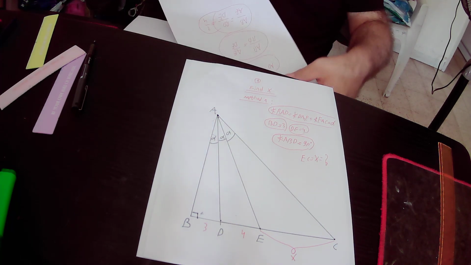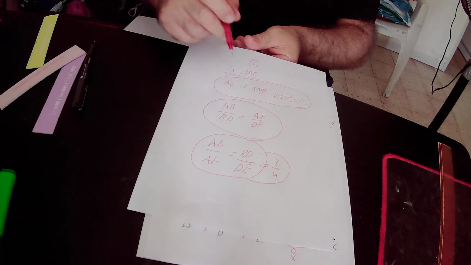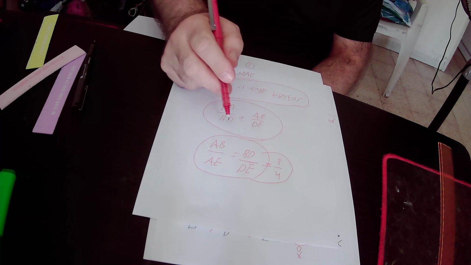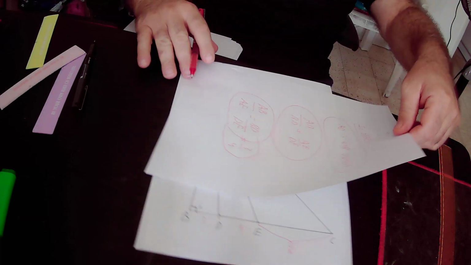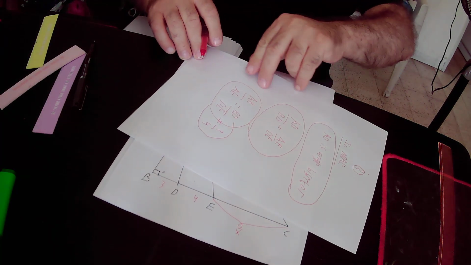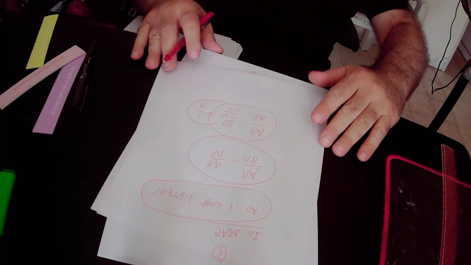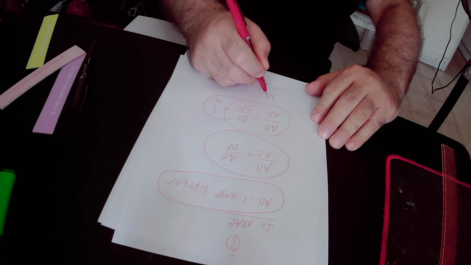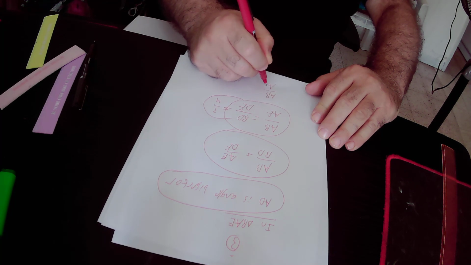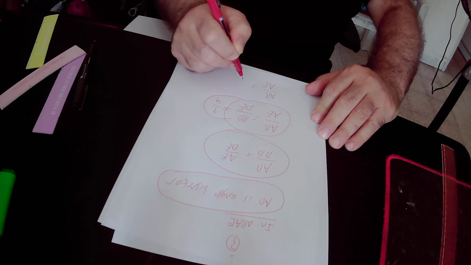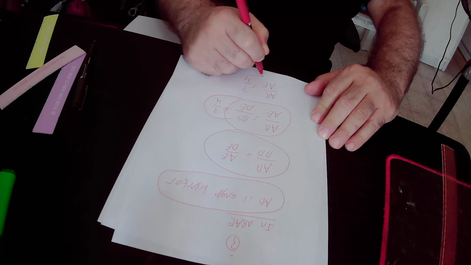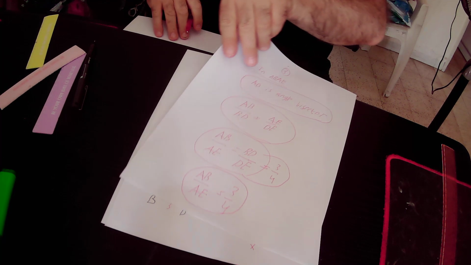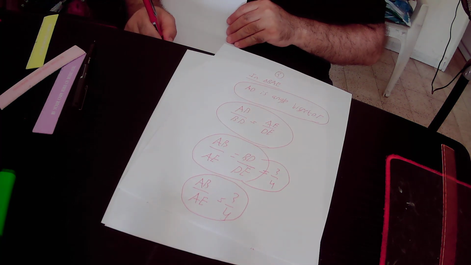So we substituted BD by 3 and DE by 4, and in total we got that AB over AE equals 3 over 4.